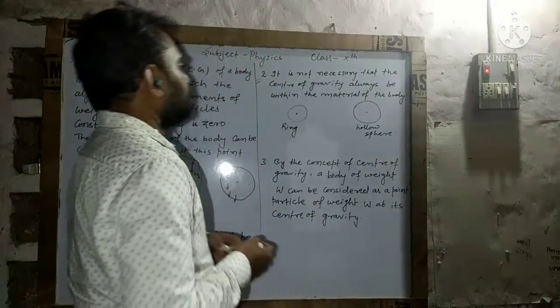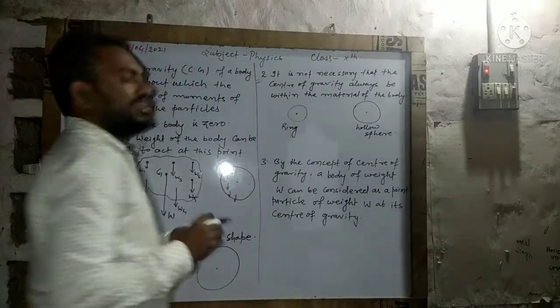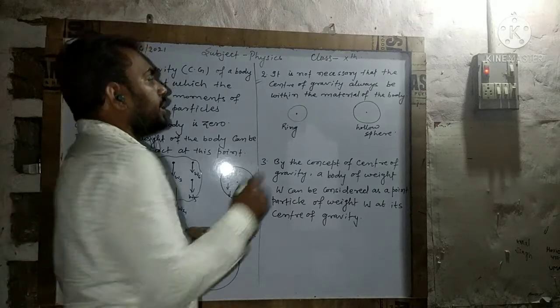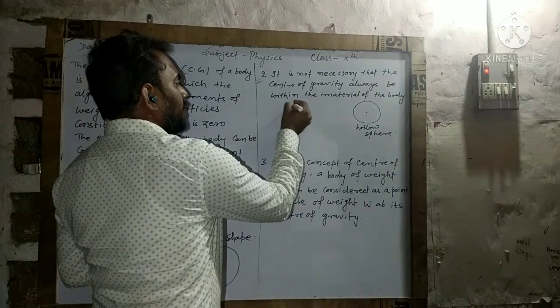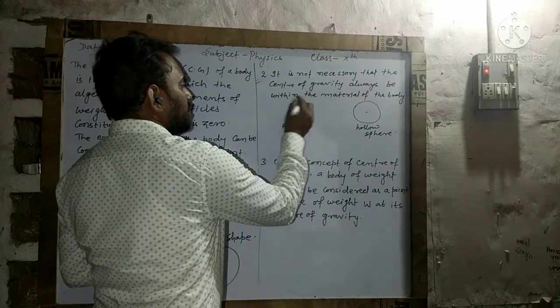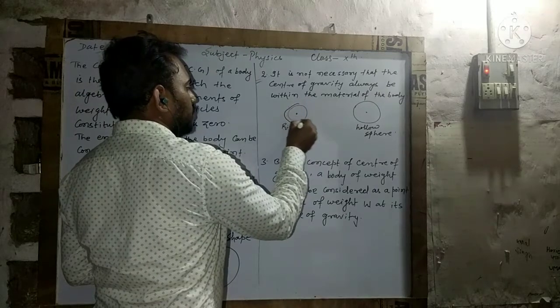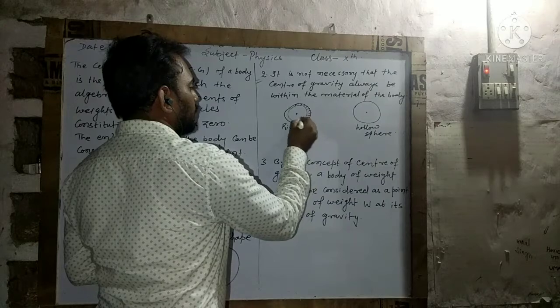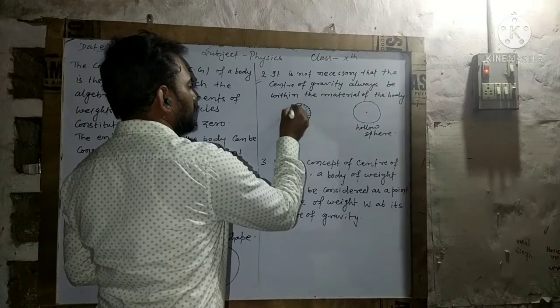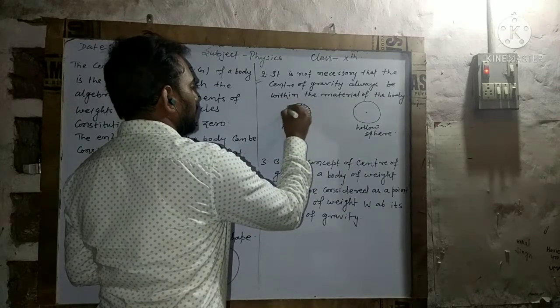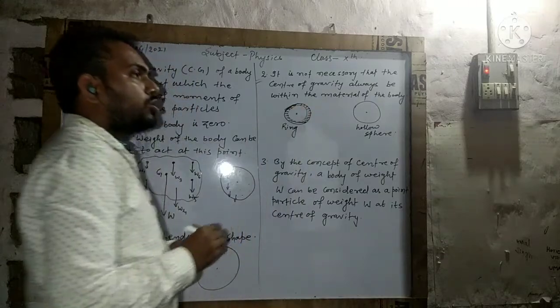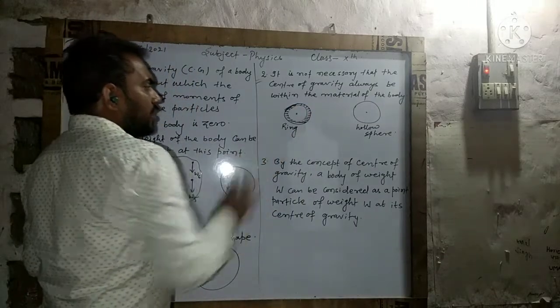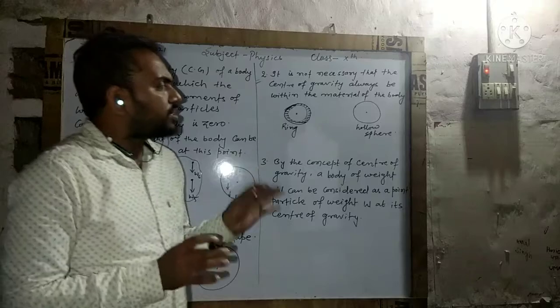For example, if you take a ring, the material is present at the circumference of the ring, not at the center. So the center of gravity might be outside the body.